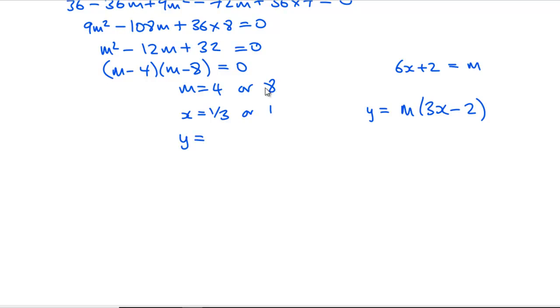Let's do the easy numbers first. We've got 8 times 3 minus 1, so that is 8. And then 4 times 1 minus 2, so minus 4. So our coordinates are a third, minus 4 and 1, 8.